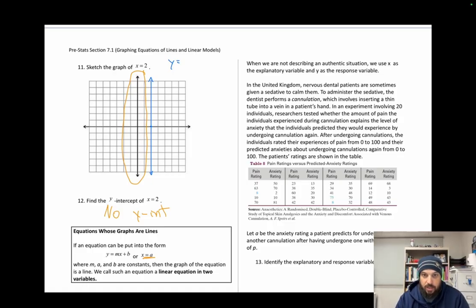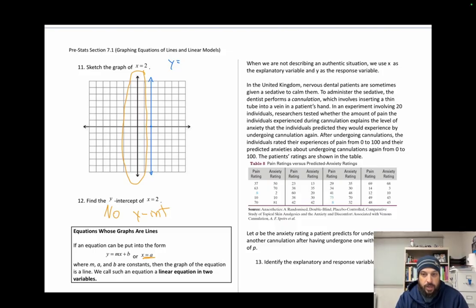All right, so in the UK, nervous dental patients are sometimes given a sedative to calm them. To administer the sedative, the dentist performs a cannulation, which involves inserting a thin tube into a patient's vein. In an experiment involving 20 individuals, researchers tested whether the amount of pain individuals experienced in cannulation explains the level of anxiety that the individuals predicted they would experience by undergoing cannulation again.